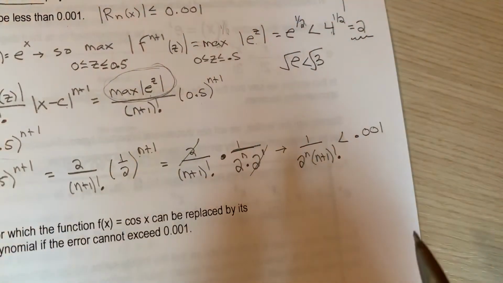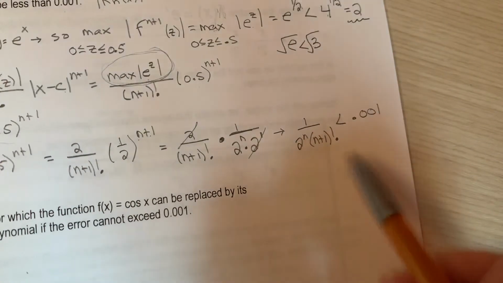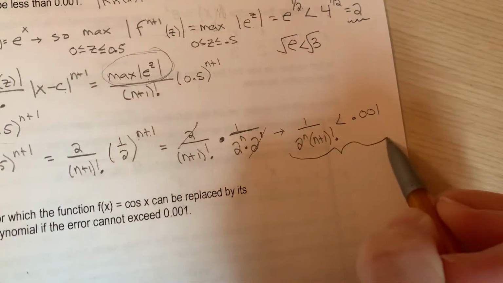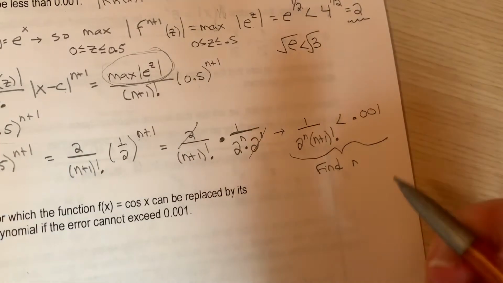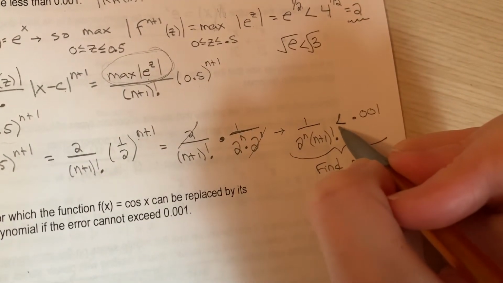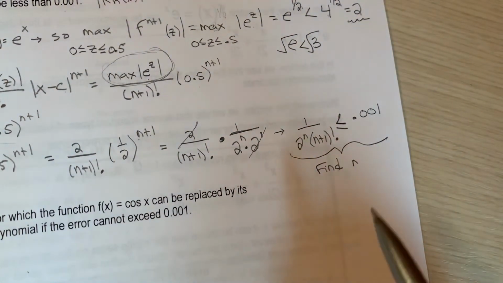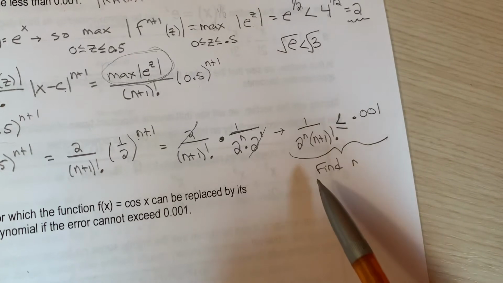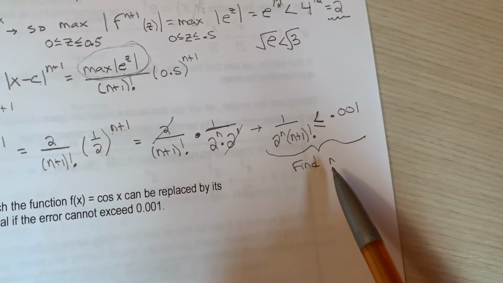0.001. Now this is kind of a trial and error. I want to find the n that makes this inequality true, and actually this can be less than or equal to because the formula is less than or equal to. So it's just a process of elimination. Start with n equals 1, see how close you are.